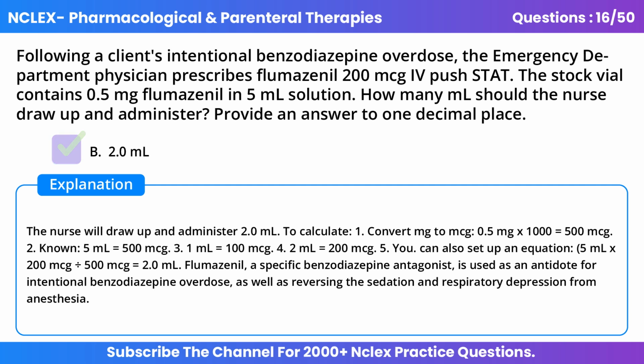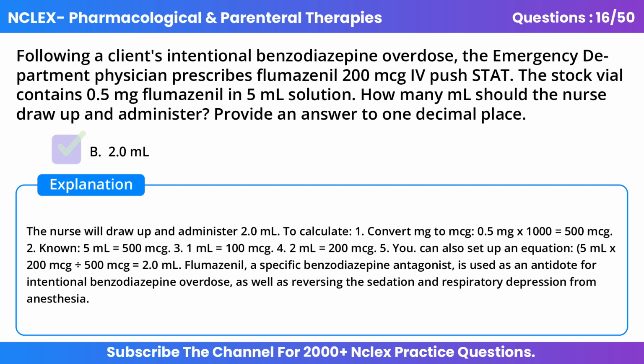Known, 5 milliliters equals 500 micrograms. 3. 1 milliliter equals 100 micrograms. 4. 2 milliliters equals 200 micrograms. 5. You can also set up an equation, 5 milliliters x 200 micrograms divided by 500 micrograms equals 2.0 milliliters.